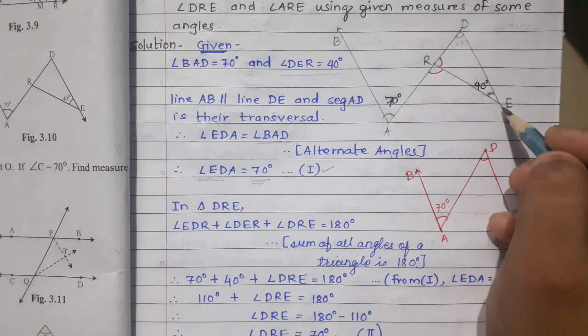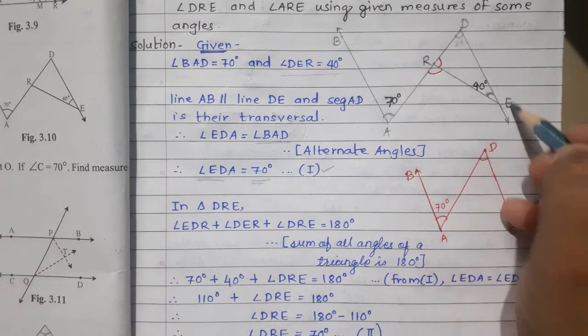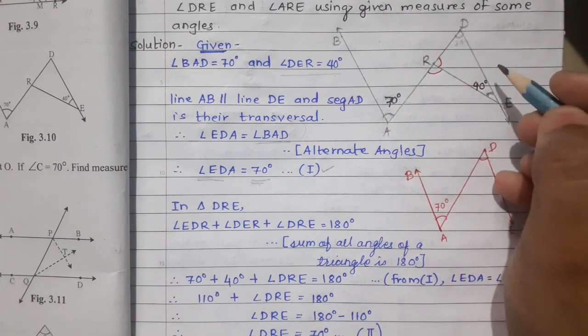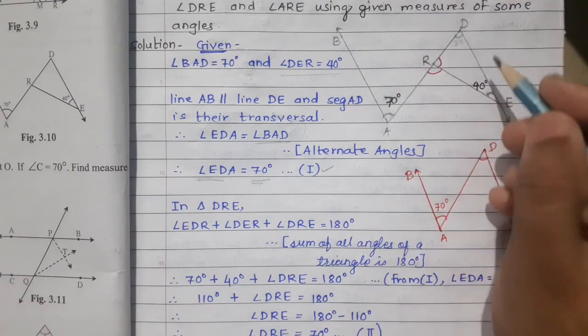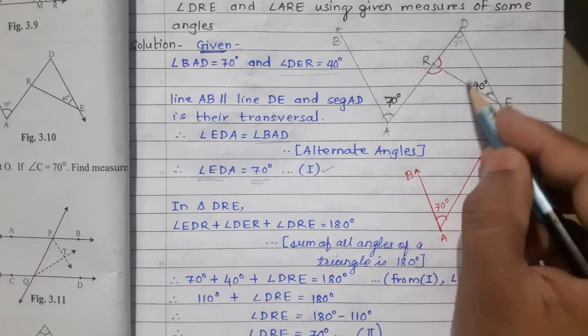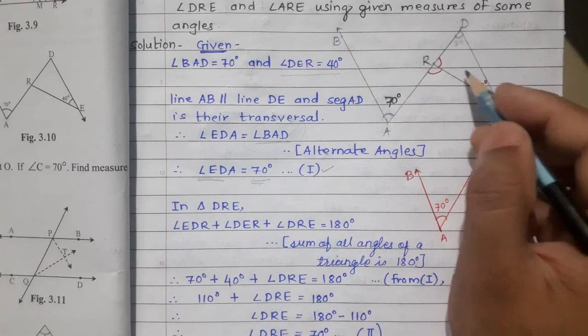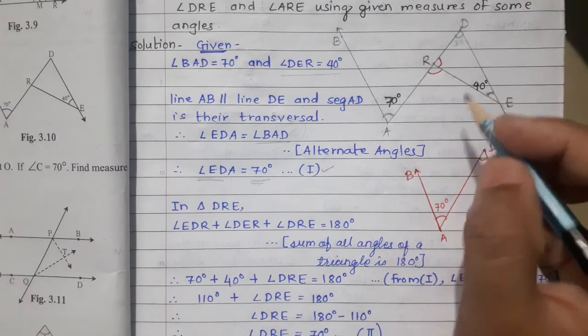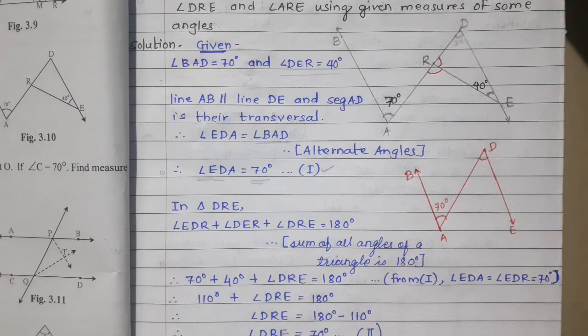Now see, in triangle DRE we have the measure of this angle, 70 degrees, and the measure of this angle, given as 40 degrees. So from this we can calculate the measure of angle DRE, that is this angle.